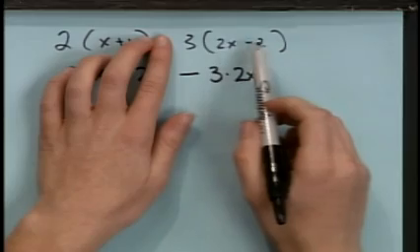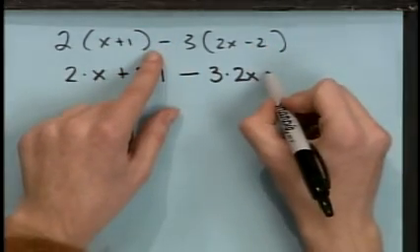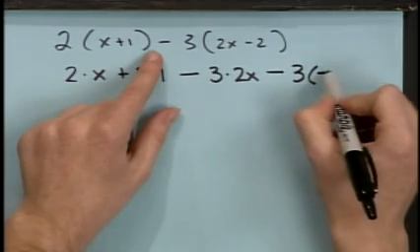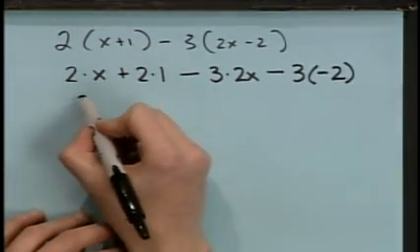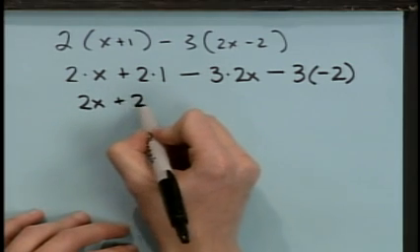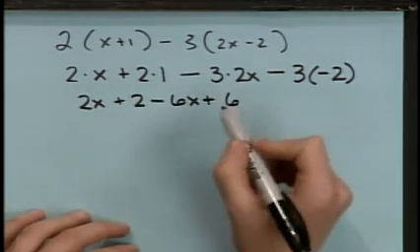And then you have 3 times a negative 2, but you have to be careful because you have another minus. So you have minus 3 times negative 2. Now, this simplifies to 2x plus 2 minus 6x plus 6.